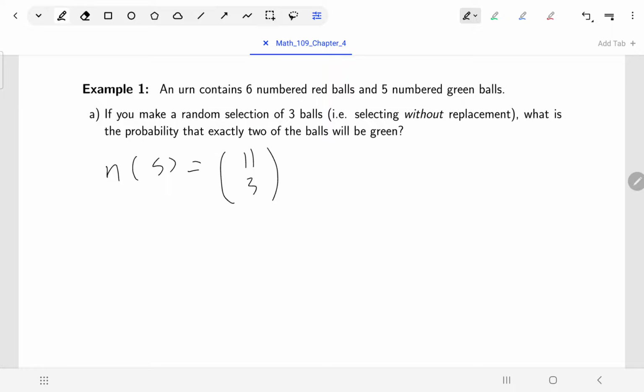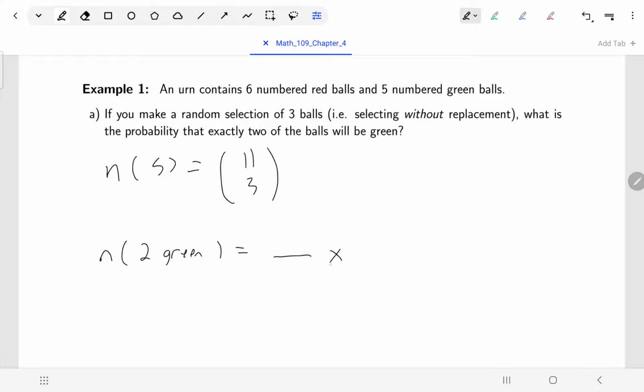So combination it is. And now for the experiment that we're interested in, selecting 3 balls, now the event is the event that exactly 2 balls are green. So we'll have 2 green balls as our event. And for that, I'm going to have to think about the number of ways to count that event. To select 2 green balls, there's actually really 2 tasks.